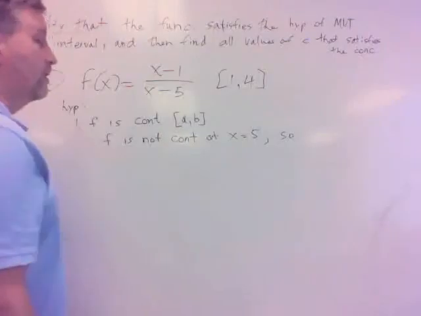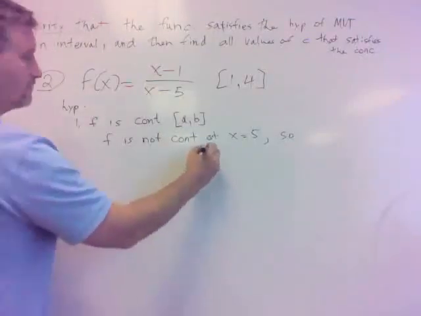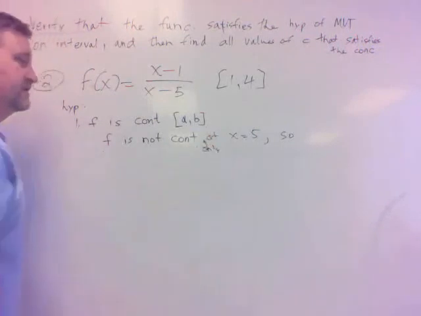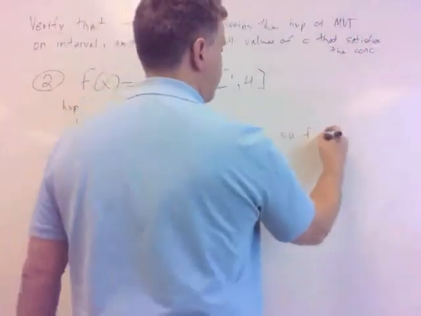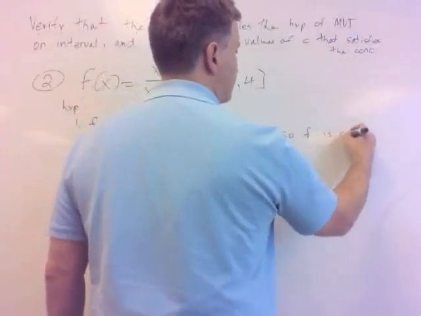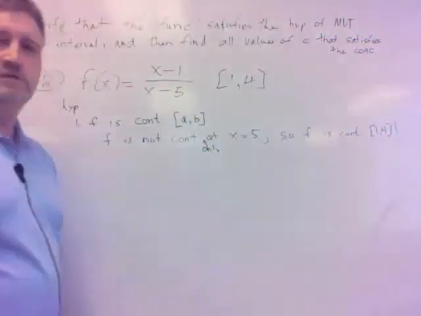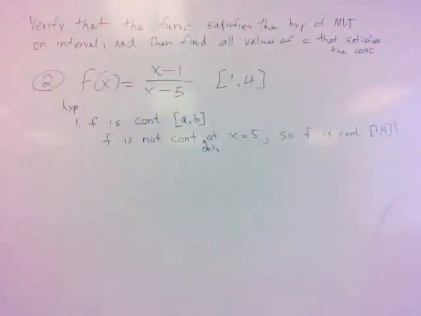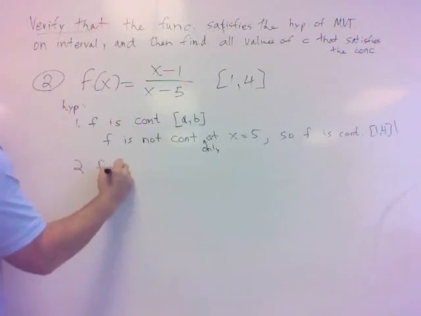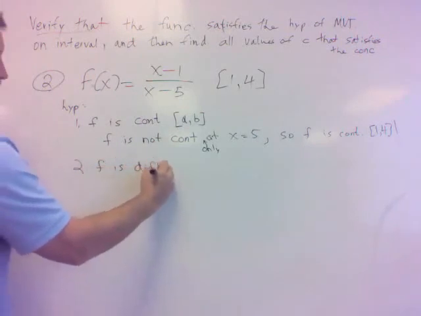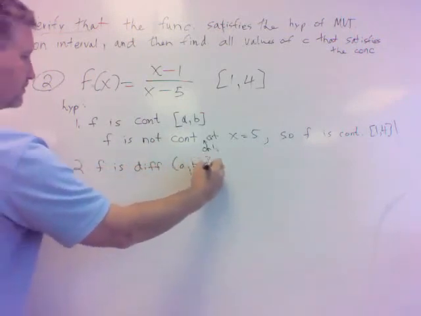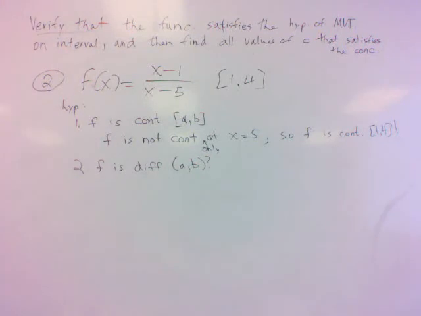We're okay because we're not getting to 5 there, are we? F is not continuous only at x equals 5, so it is continuous on 1 to 4. So we're okay. Does that make sense? Number 2, f is differentiable from A to B. Same thing, isn't it? Where is f not differentiable?